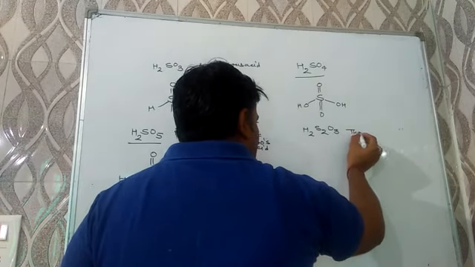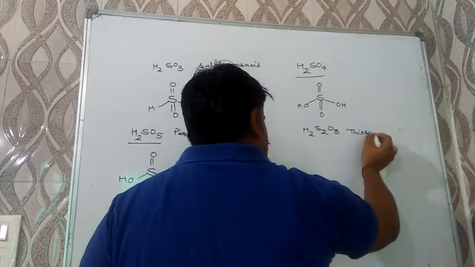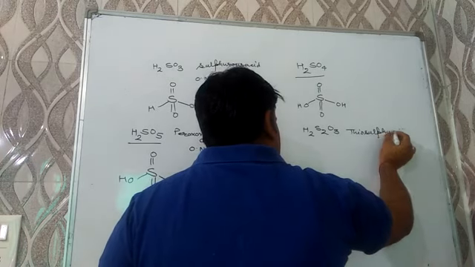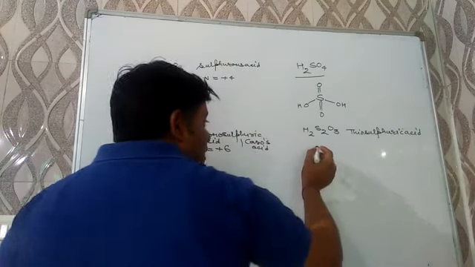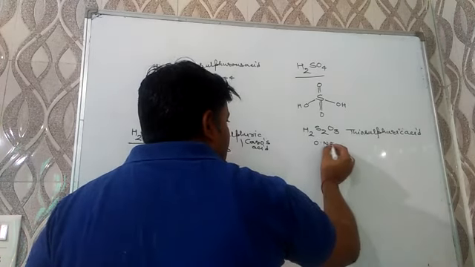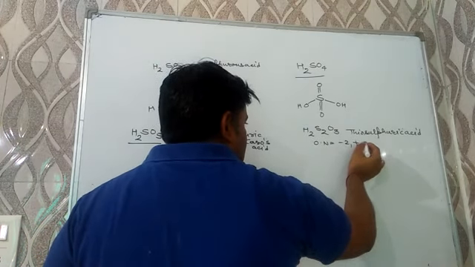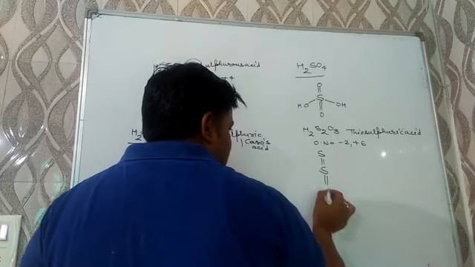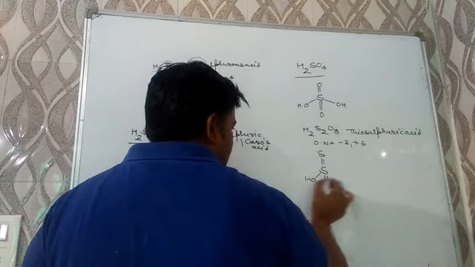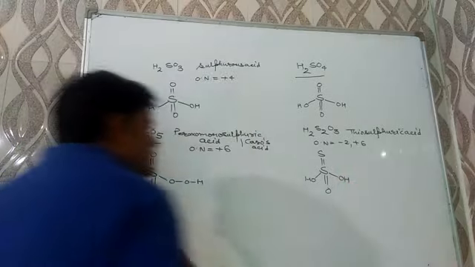Name of compound is thiosulfuric acid. Oxidation number of sulfur is -2 and +6. Structure will be H double bond S, H double bond O, OH, OH. Basicity is 2.